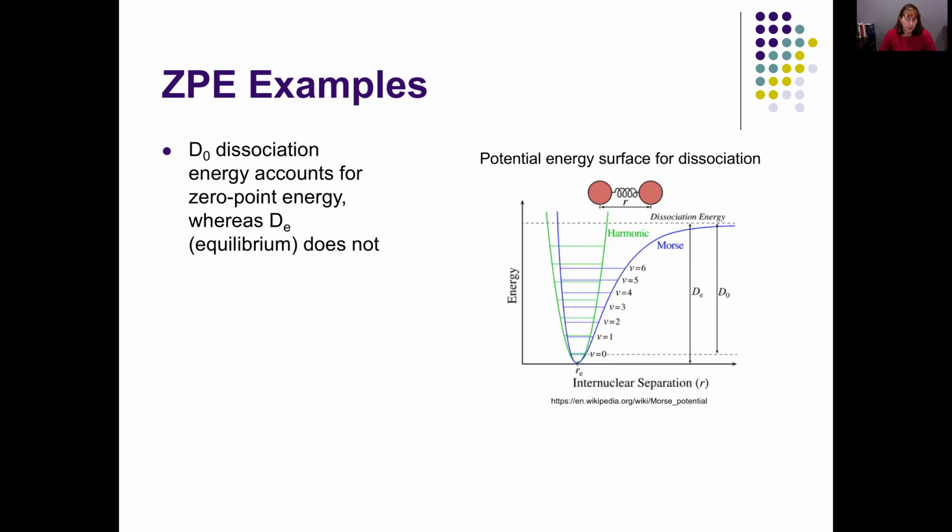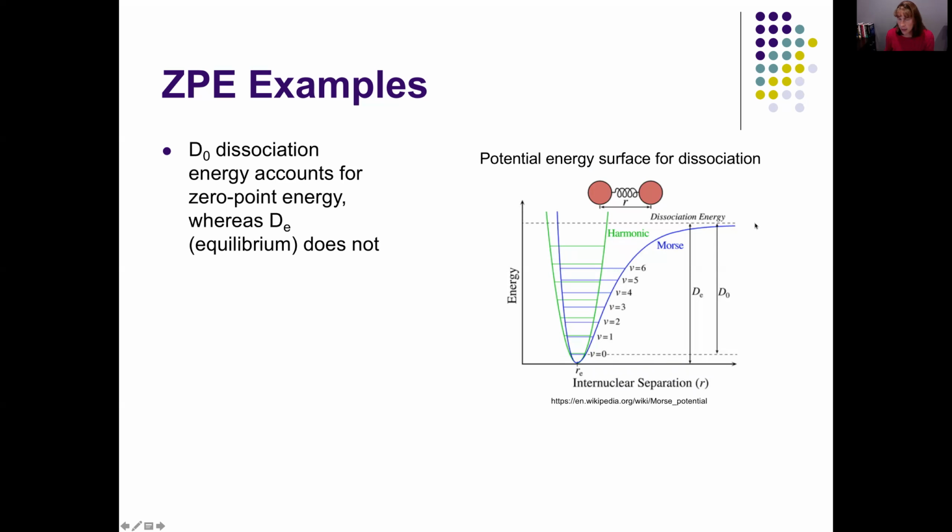All right, another example where we really want to think about something like zero-point energy could be dissociation. So if we talk about something like a diatomic, here's our equilibrium distance and our dissociated distance is out here. We can talk about two different dissociation energies. DE is measured from the very bottom of this well to the dissociated limit.